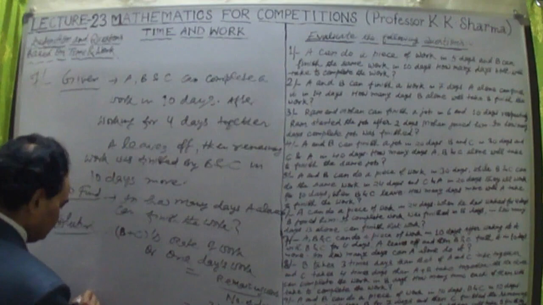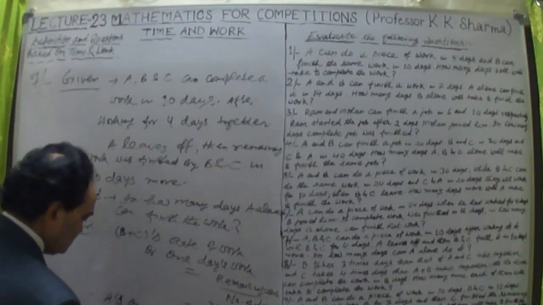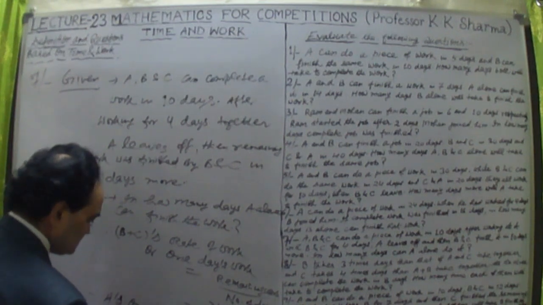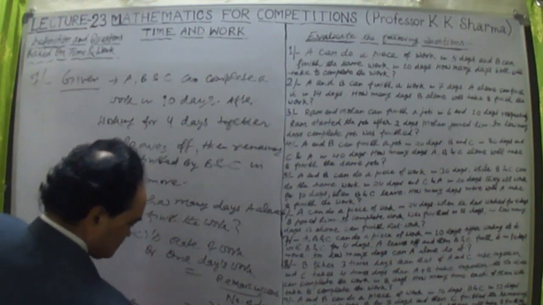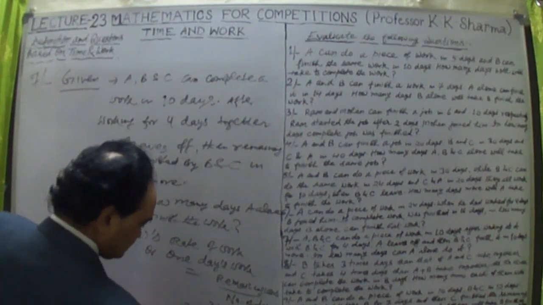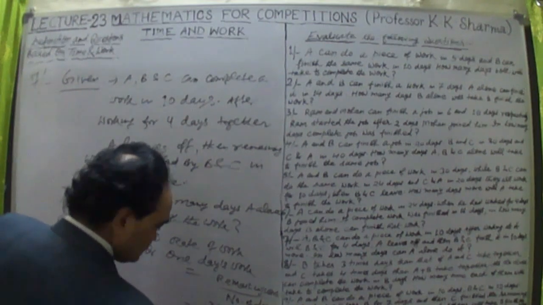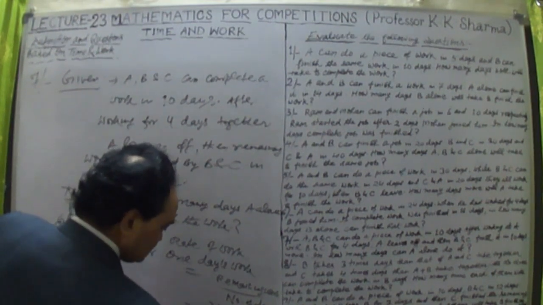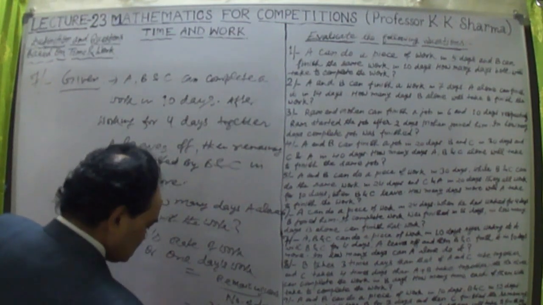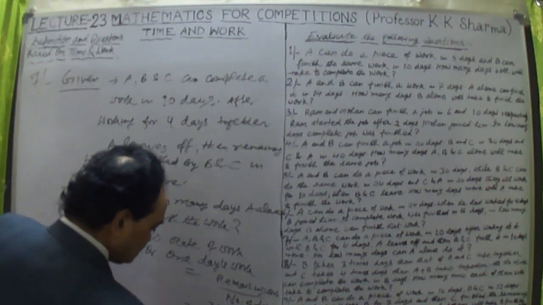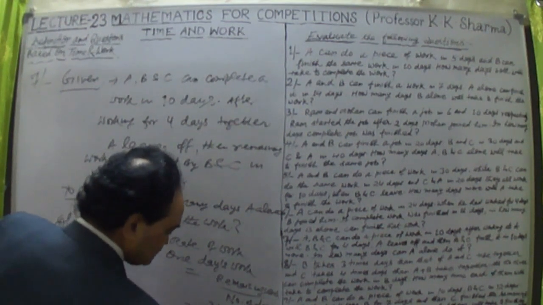Therefore A's 1 day's work is equal to A plus B plus C's 1 day's work minus B plus C's 1 day's work.